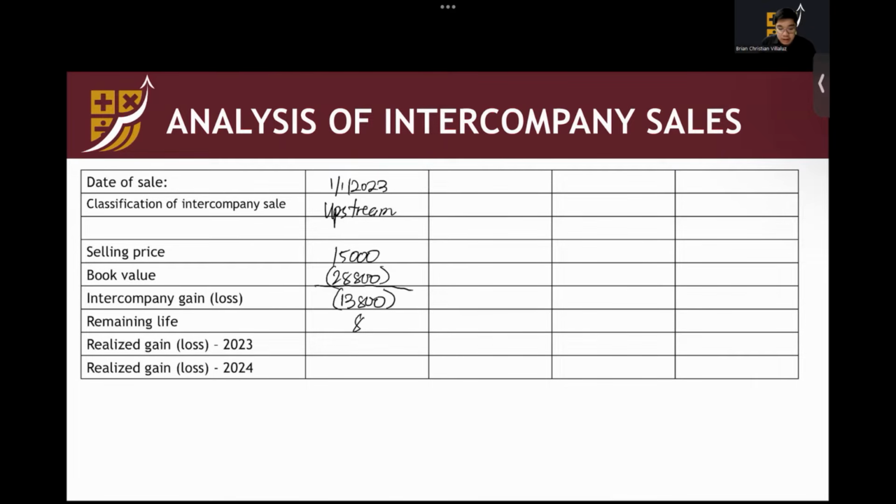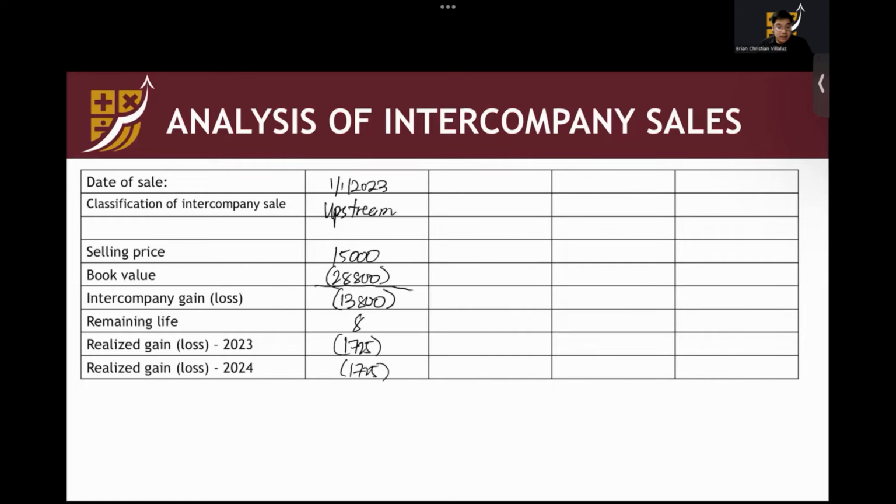So since 2023 yung intercompany sales, meron agad tayong i-recognize na realized loss ng 2023. That would be equal to 13,800 divided by 8 years. So for 2023, may realized loss tayong 1,725 and pati sa 2024, may realized loss tayo. Okay? Clear?